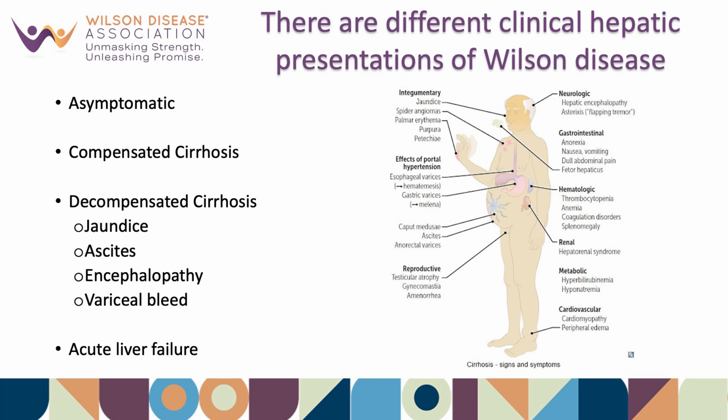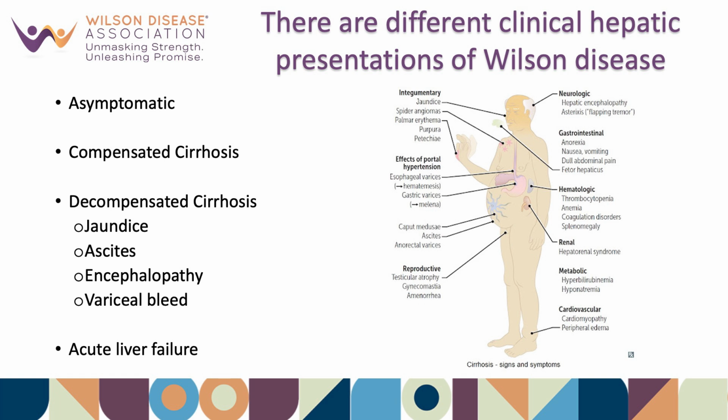We see patients who have compensated cirrhosis, which again means the liver is fully scarred, but the liver is able to do the function that it needs to do to maintain the body's function. And then there's also decompensated cirrhosis, which is where the liver is fully scarred, but the liver really can't do the function it needs to do.